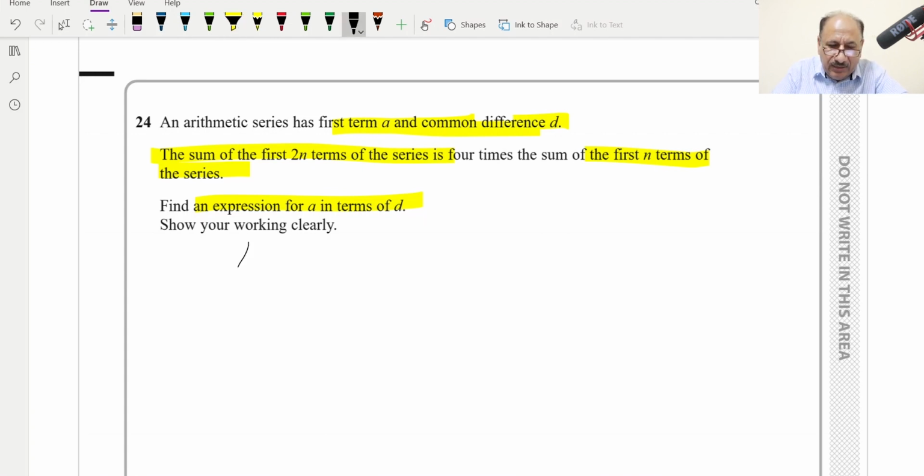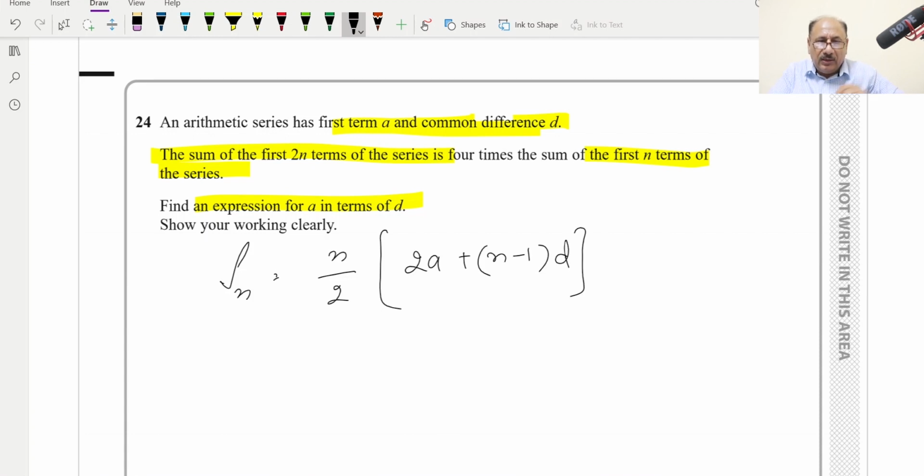So Sn, we know the formula. Sn is equal to n by 2 into bracket 2a plus n minus 1 into d, and this is the nth term.